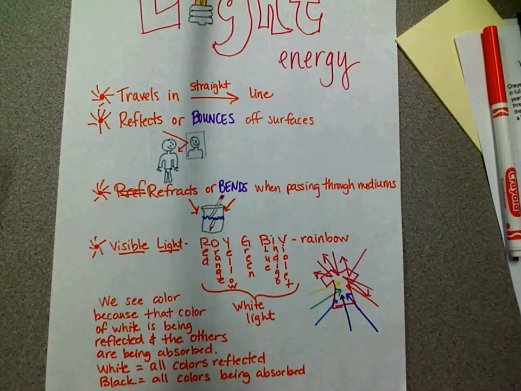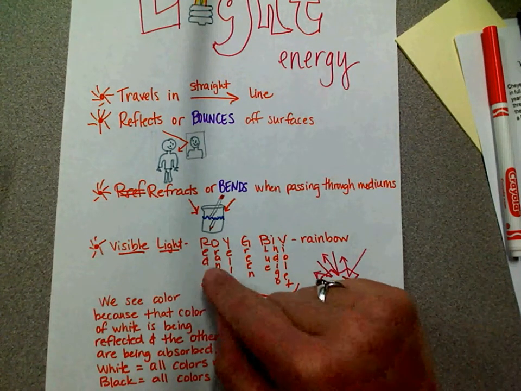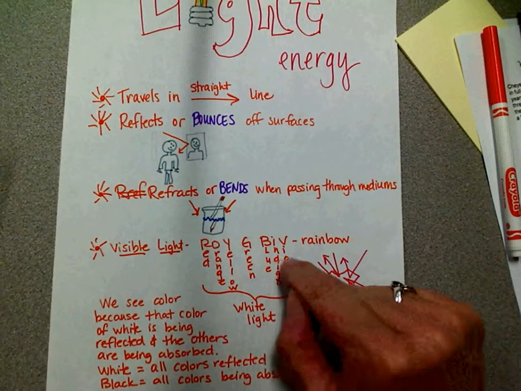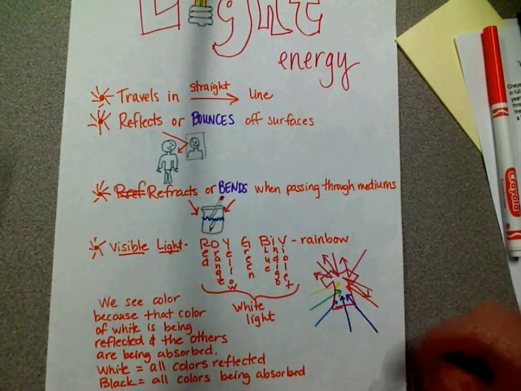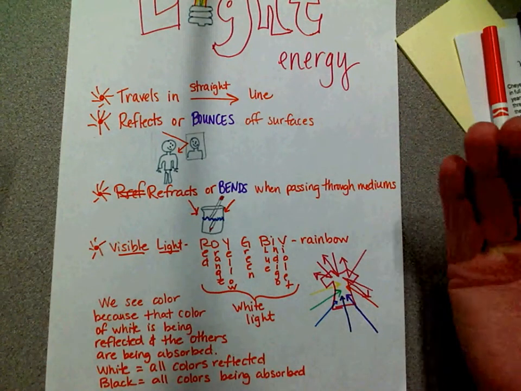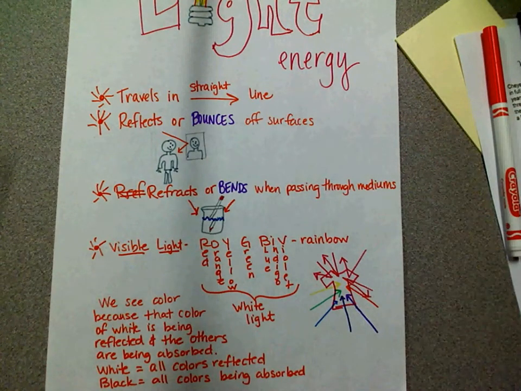We also have visible light, which is all 7 colors, right? 1, 2, 3, 4, 5, 6, 7. 7 colors all put together. The reason we see colors is because that color is the one being reflected off of the shirt. And then white, everything's reflected. Black, everything absorbed. So I wonder why we get so hot in black still.